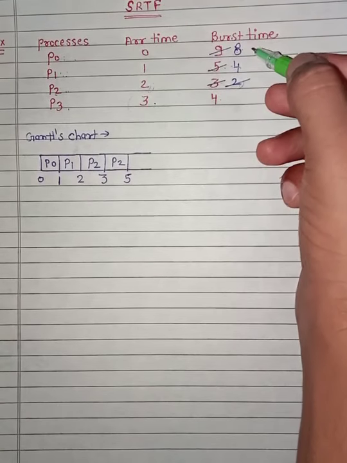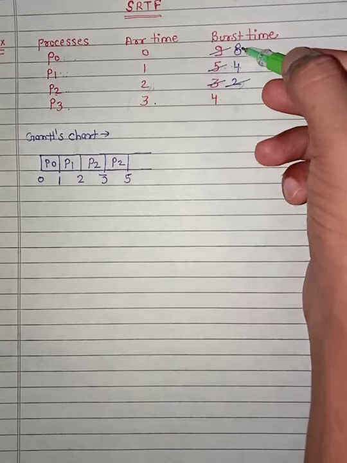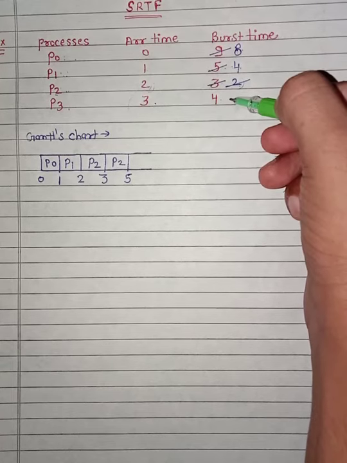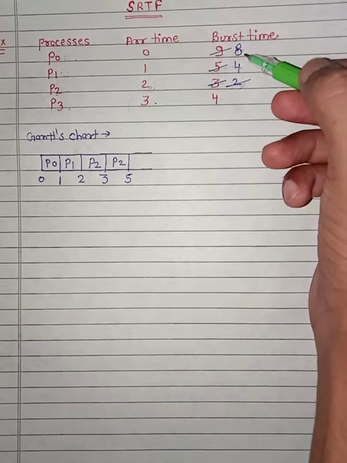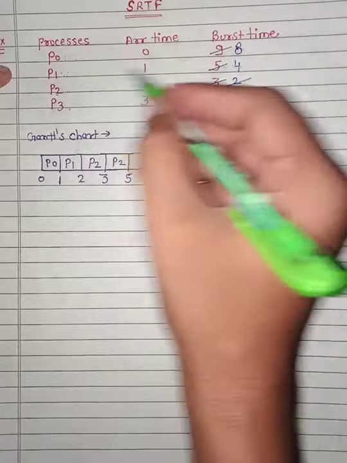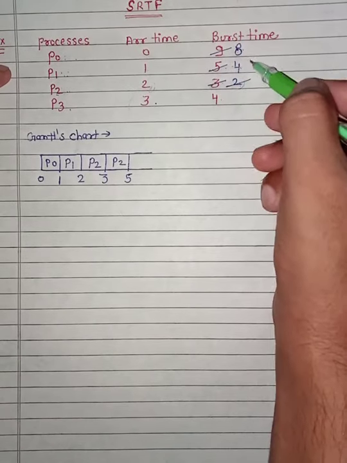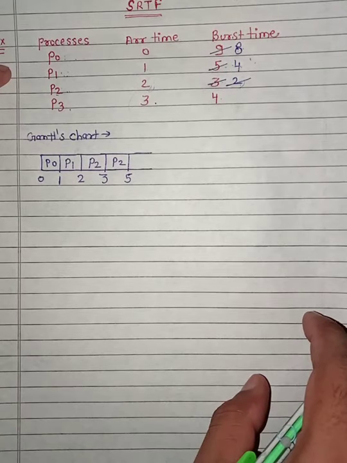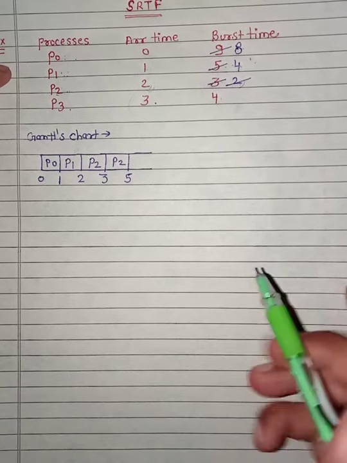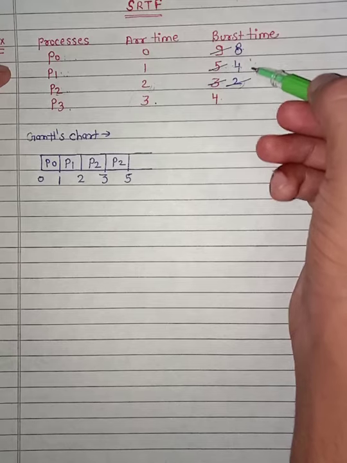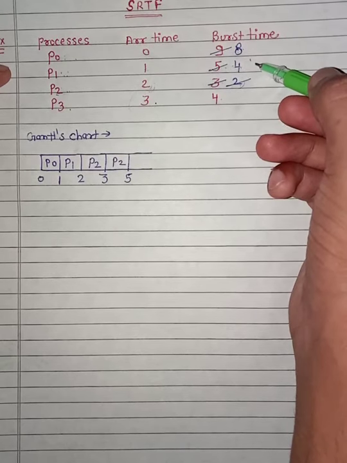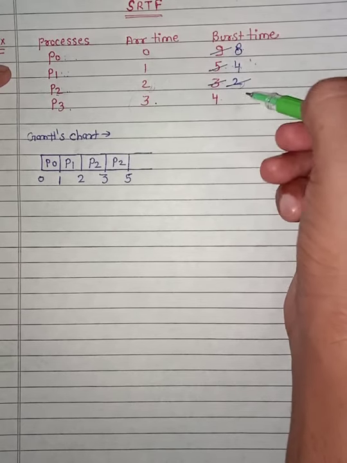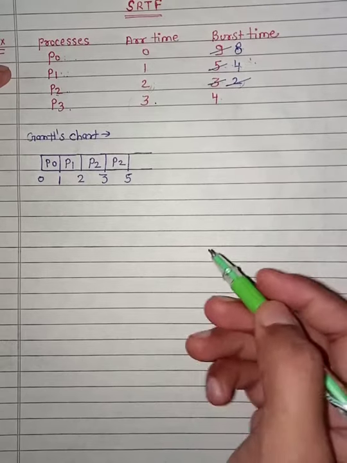Now we'll check among the P0, P1 and P3 processes. Here we see that P1 and P3 have the same CPU burst time and we have to find the shortest. When two CPU burst times are both shortest and the same, then we use FCFS.